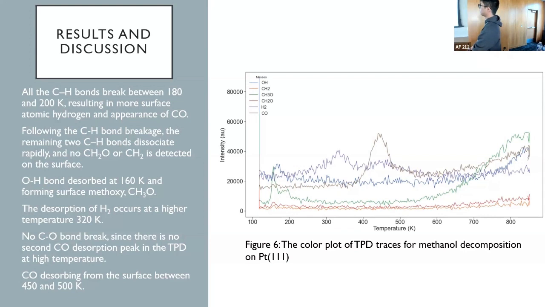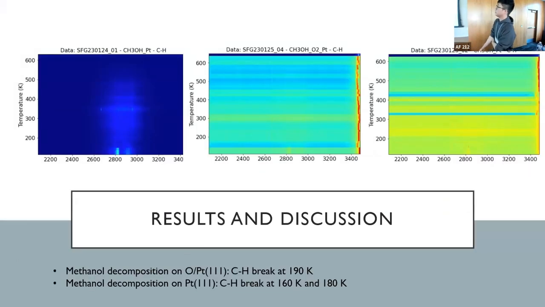And from this TPD trace, we know that there will be no CO bond breaks, since there is no second peak for the desorption of CO. So CO has one desorption peak at 420, and there's no more after that. So we know that it will not break as we predicted on the SFG, and the CO desorbs between 450 to 500.